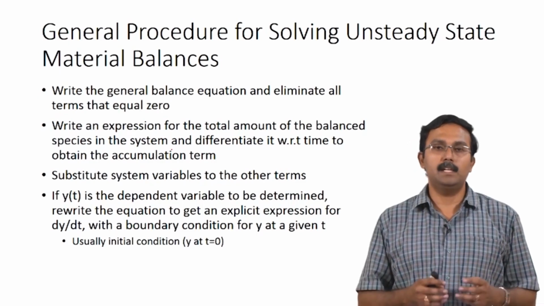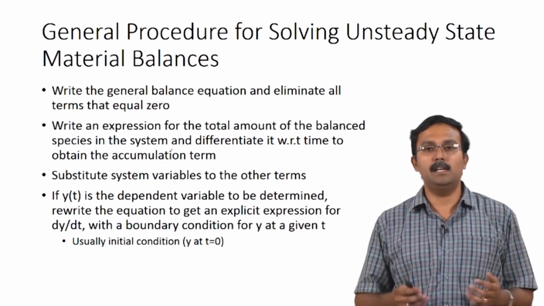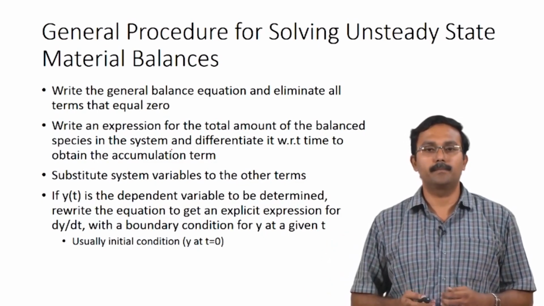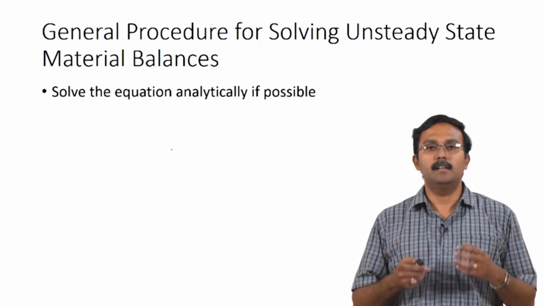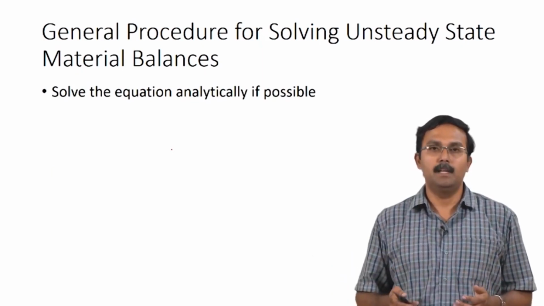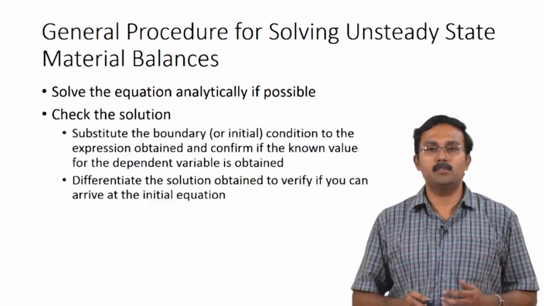So, usually the initial condition, which is y equals something at t equals 0, is provided to you. Then the last step is to solve the equation analytically if possible. If not, you would use numerical methods to solve it.